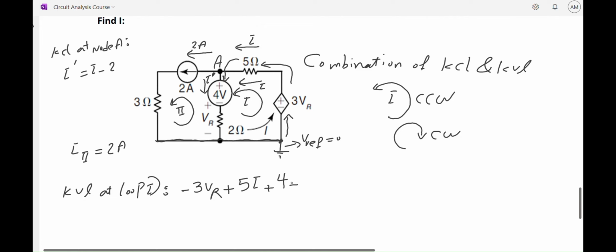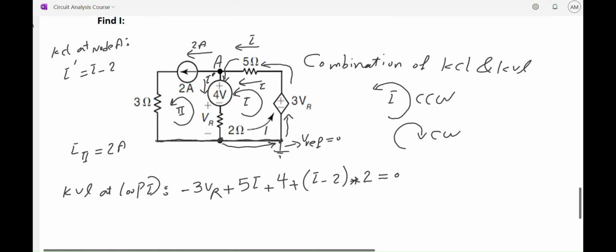So plus the current is I minus 2 and the resistor is 2. And I reach this point, which is the same potential as my starting point. So equals 0. That's my KVL at loop 1.